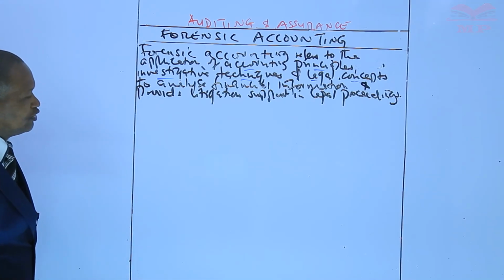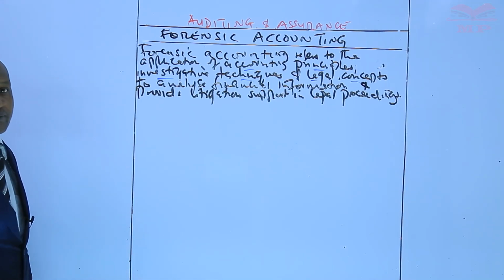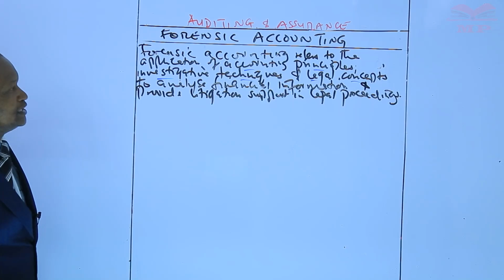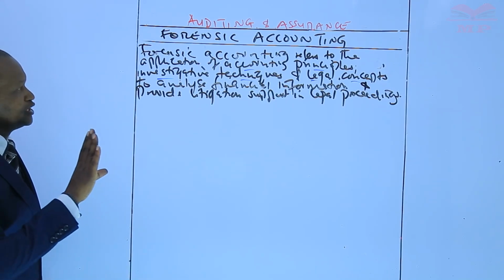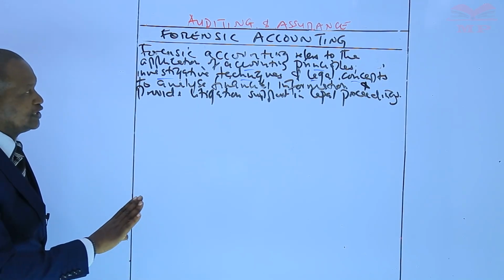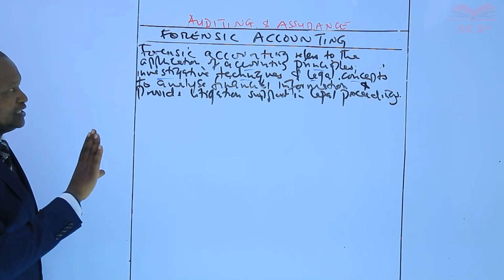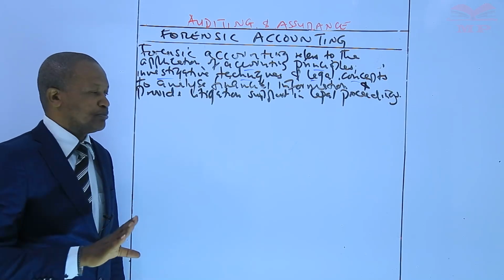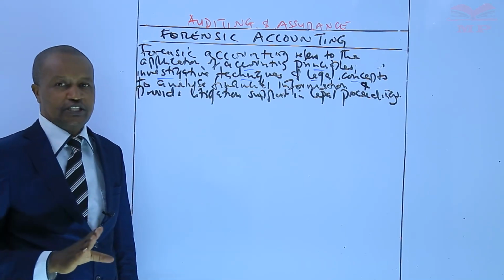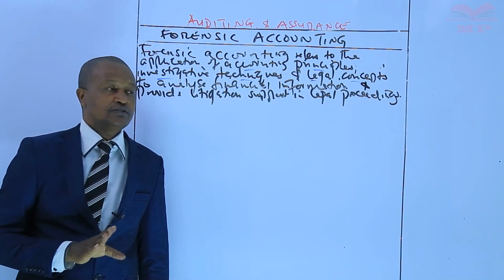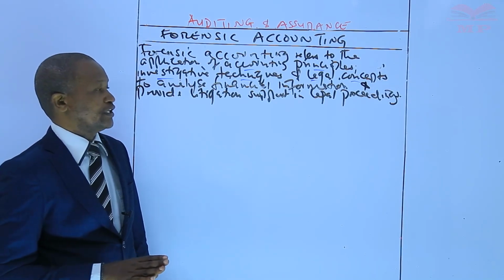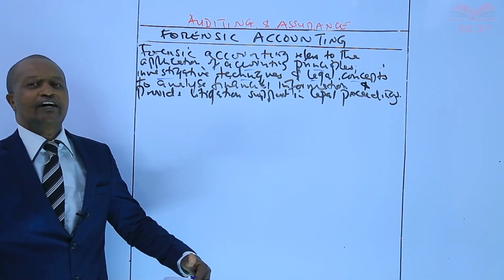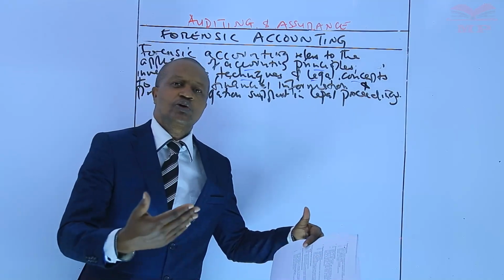So that's the meaning of forensic accounting. It is the application of accounting principles, investigative techniques, and legal concepts to analyze financial information and provide litigation support in legal proceedings. So the forensic accountants help to uncover financial crimes.